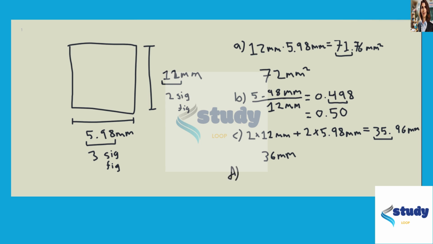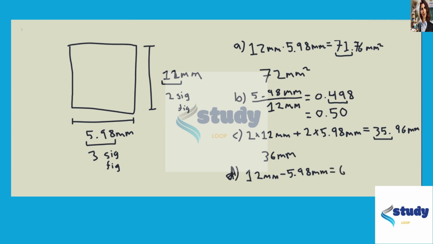And for part D, it asks us what's the difference between the length and the width. So the length was 12 millimeters minus the width.